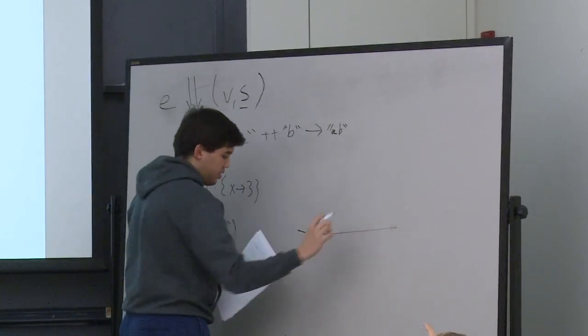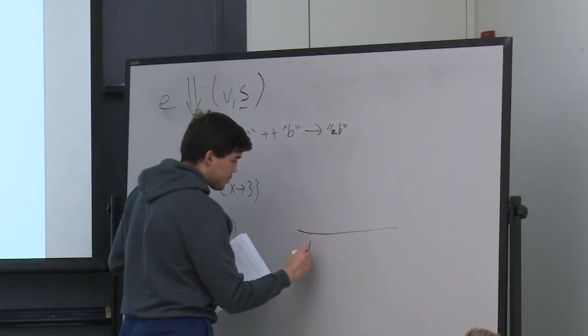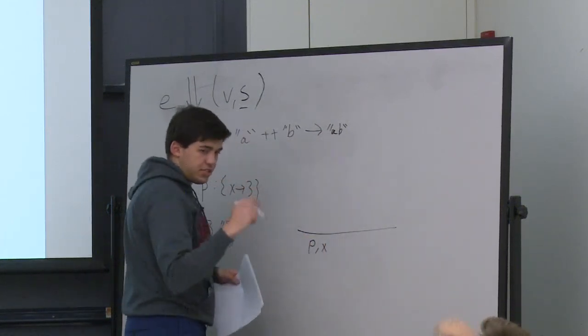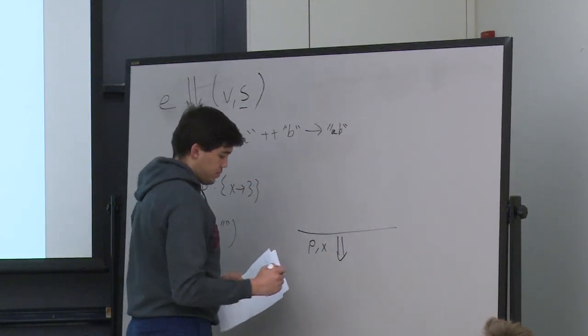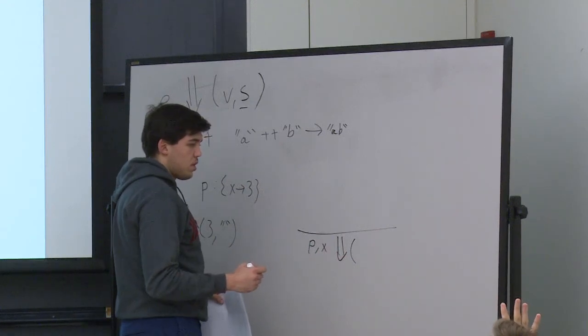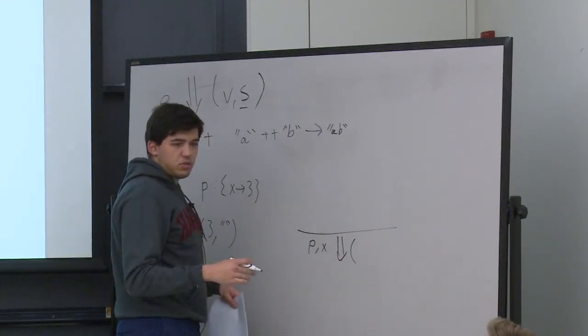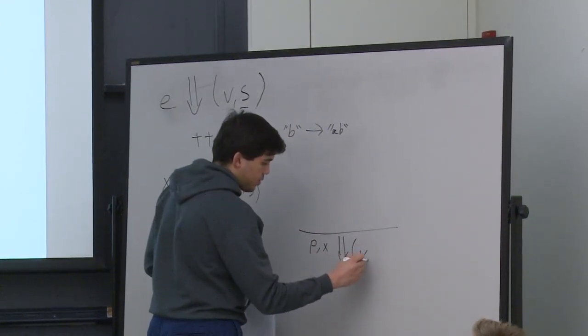So rho and x large steps down to, right. Let's say rho always maps to an integer or any value. So rho is a mapping function that maps variables to values. Okay, then say v, exactly, and the empty string.